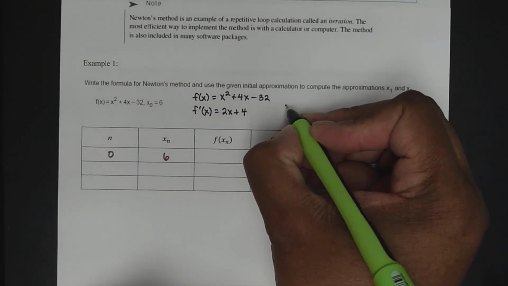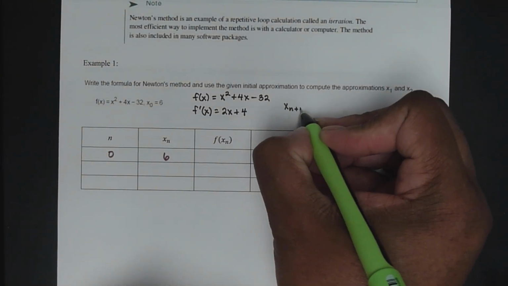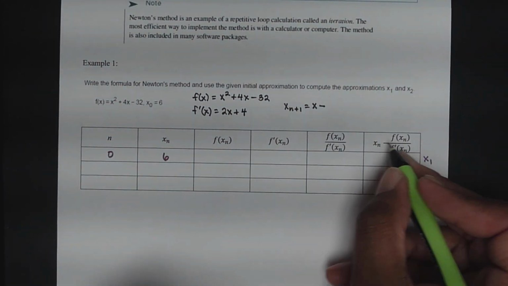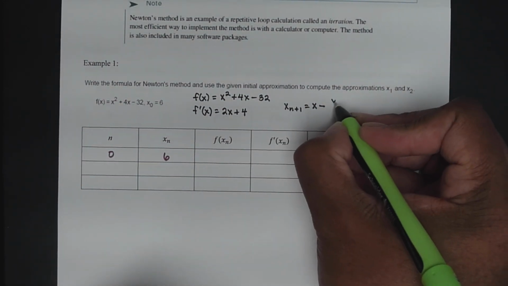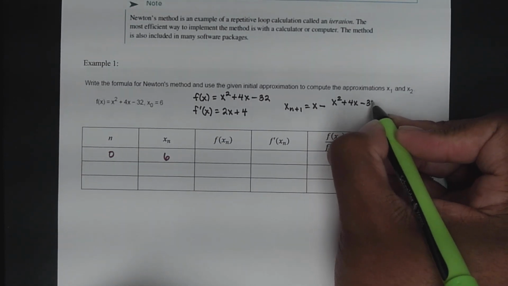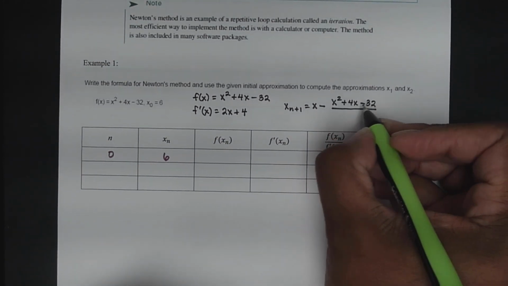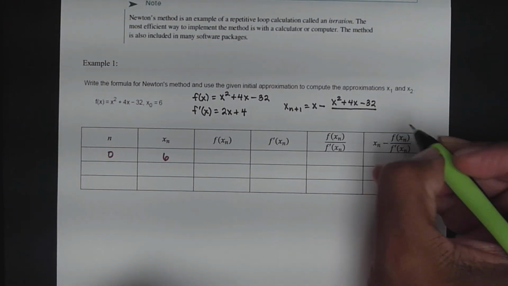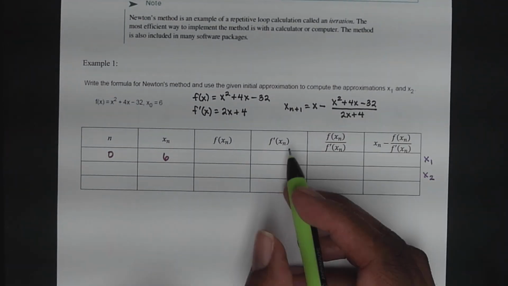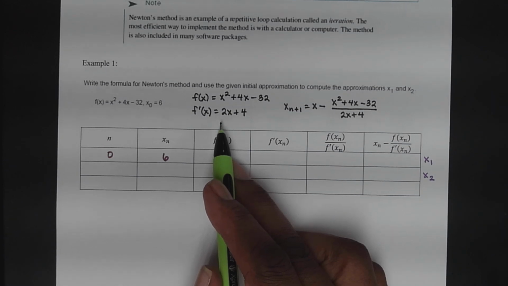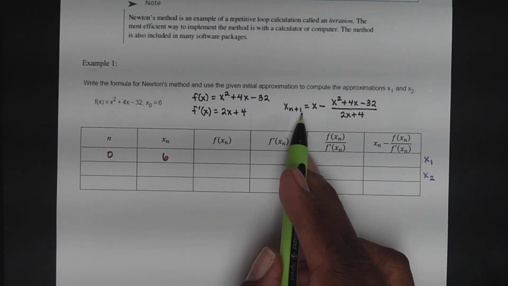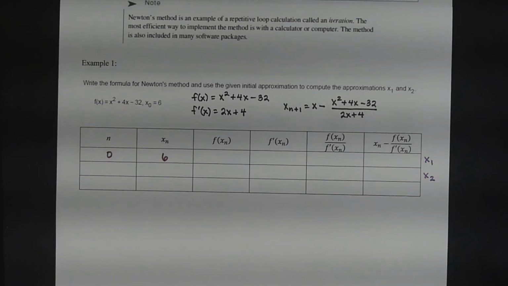So x of n plus 1 is going to be x minus f of x, that's x squared plus 4x minus 32, divided by f prime of x, that's 2x plus 4, okay? f of x divided by f prime of x, and then we're subtracting it from x.